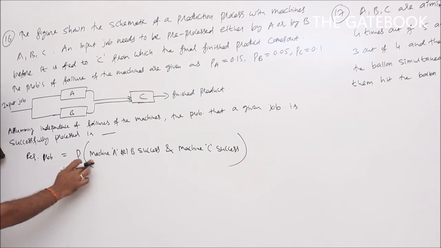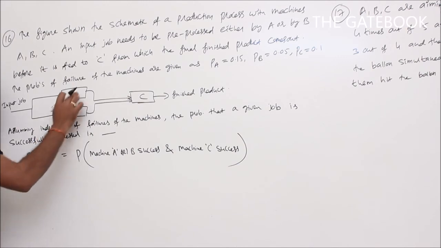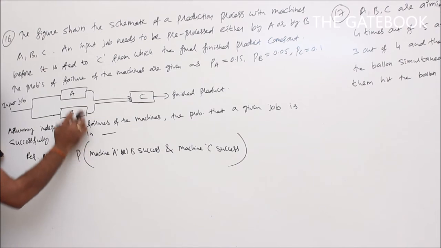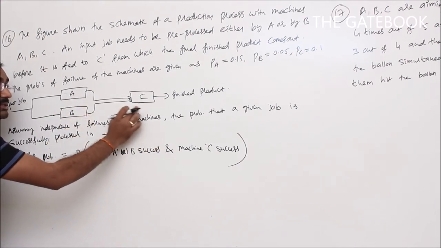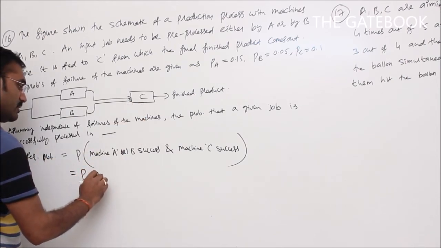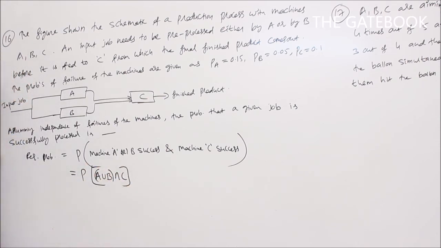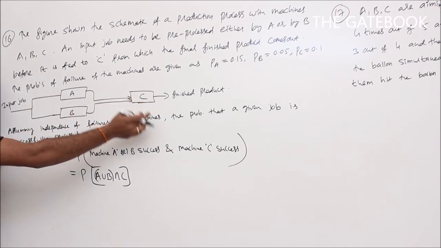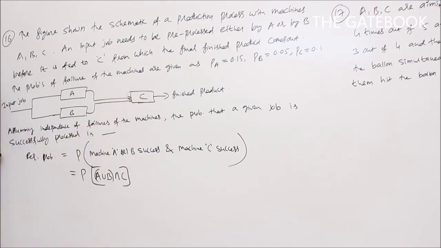Here the probability that machine A or machine B succeeds, because these two are parallel, so out of these two machines only one is enough. At least one of A and B succeeds, and machine C succeeds. So this is P of A union B intersection C. Machine C success is definitely required, otherwise we can't get the finished product.